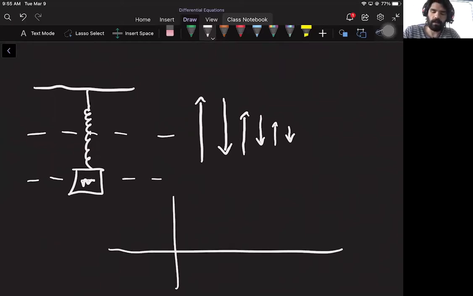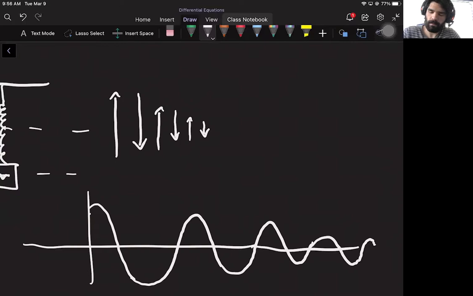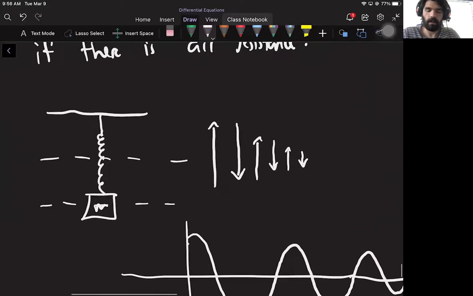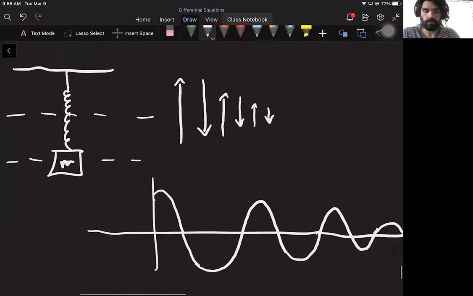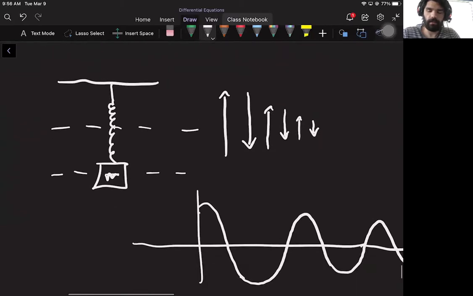of the function will do some sort of pattern like that if there's air resistance. So we can get something like this, where it looks like a sine or a cosine, but it sort of shrinks as time goes on, because it's bouncing back and forth less and less forever. So when there's air resistance, we should get something like this. But what if there's too much air resistance is another question.